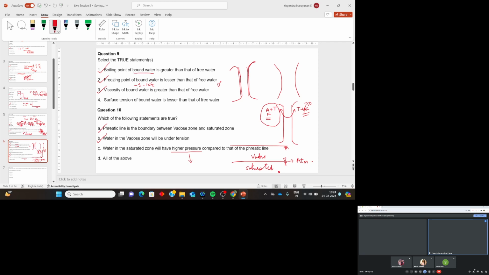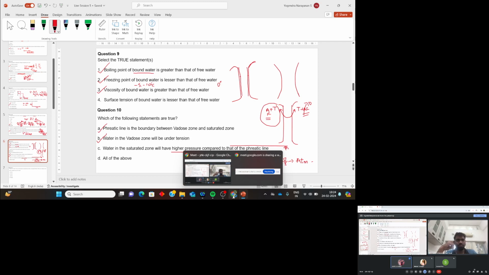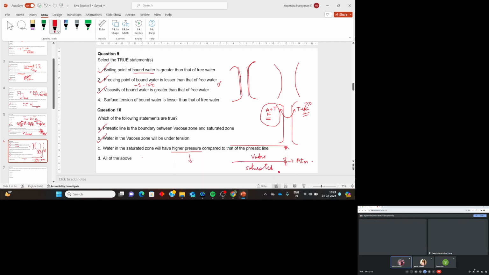It will be equal to atmospheric or higher than atmospheric pressure. Higher than atmospheric pressure. So this statement is also right. So the option is all of the above statements are right. Hope it is clear now.